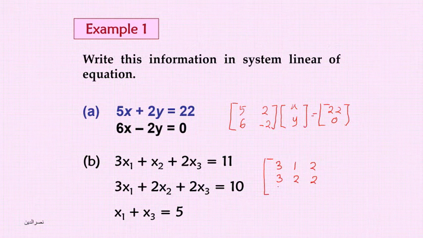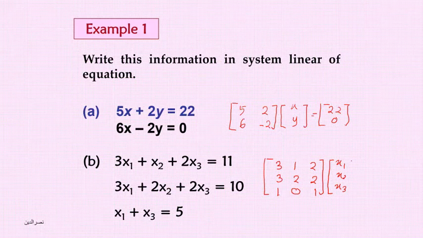And for the third equation, we have 1, we don't have x2, meaning 0, and 1. The unknowns are x1, x2, and x3. Here are the values on the right side, that is matrix B: 11, 10, and 5.